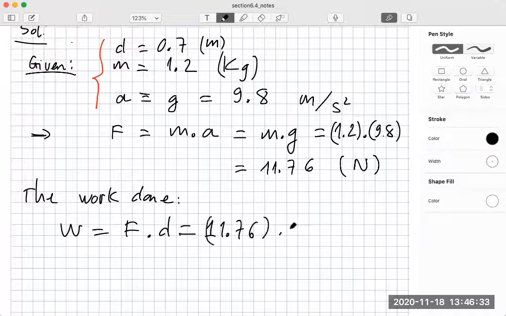Very good. Thank you, Rami. This product gives you the number 8.2 joule.